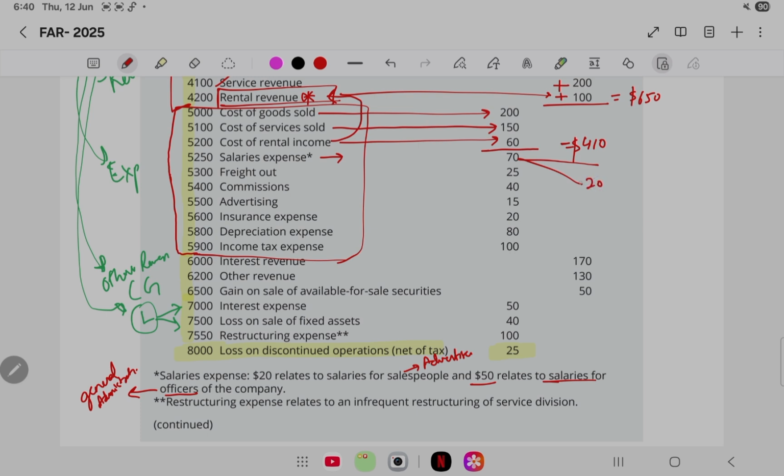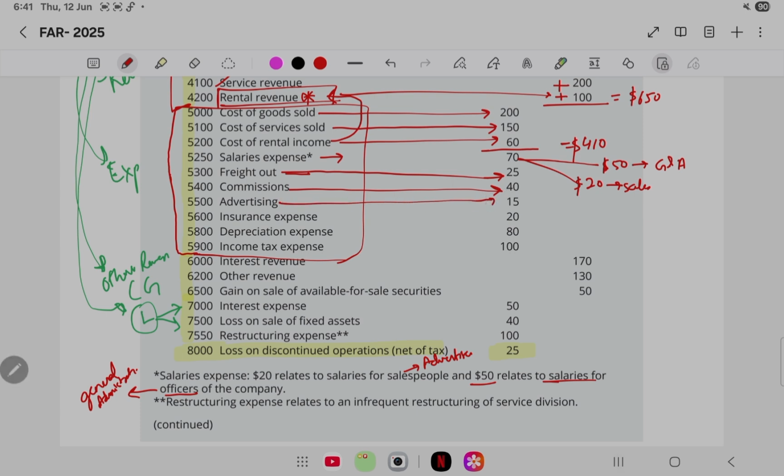$20 is sales and $50 is for general and administrative. It is sales. Now freight out is also selling expenses. Commissions we give to the people who made our sales, so this is also selling expenses.